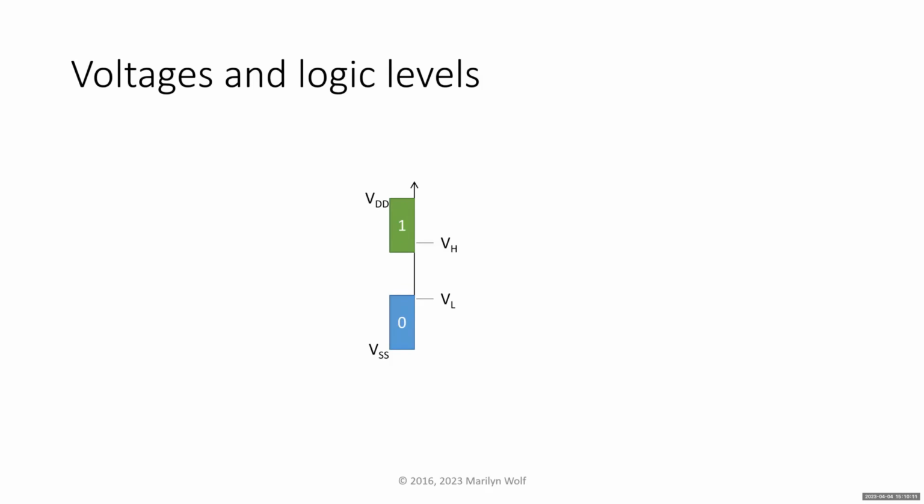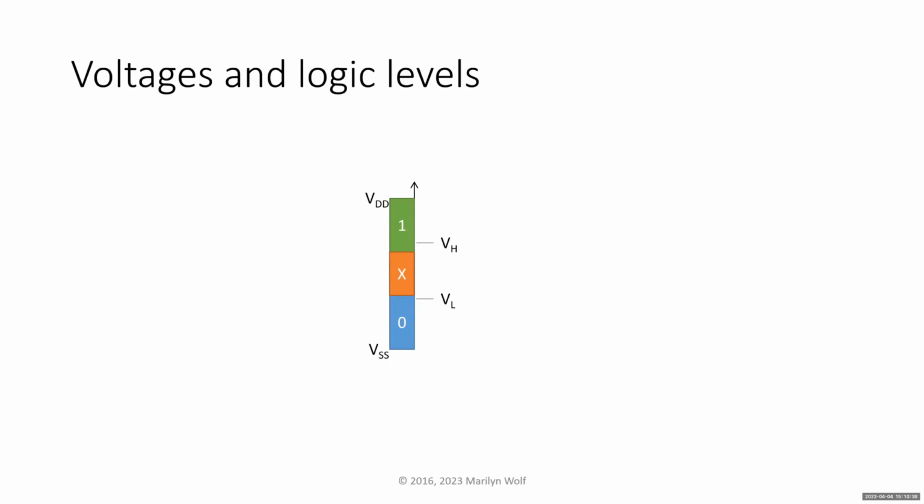So it's really better to define a range of unknown values, which we often call X. As a logic signal transitions, it will go, say, from 0 through the X range up to 1, or from 1 through the X range down to 0.